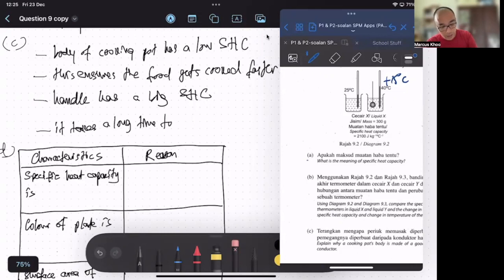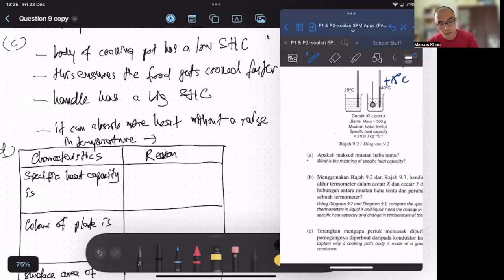We should say it's harder to increase in temperature. It can absorb more heat without a rise in temperature.